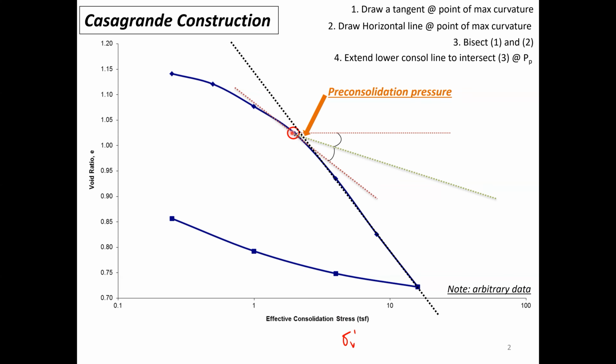But you do see, especially with the x-axis in log scale, you start to realize the change in magnitude between this maximum curvature point and the intersection point that we create per the Casagrande procedure. Why do we need to do that?